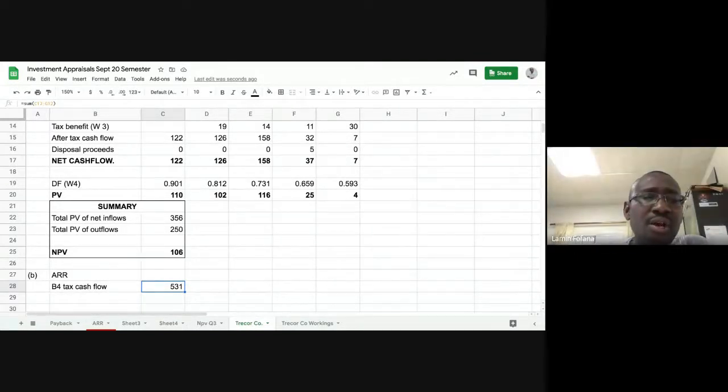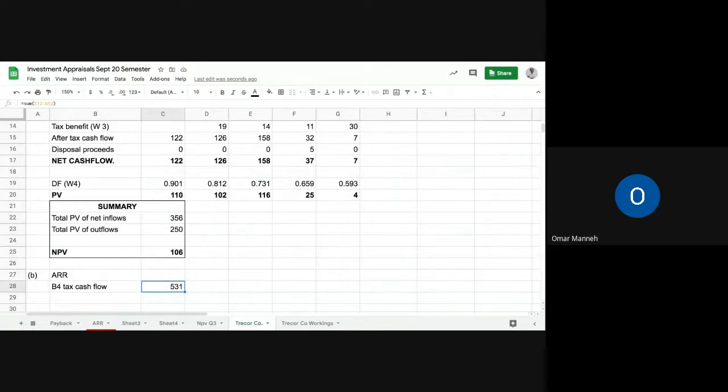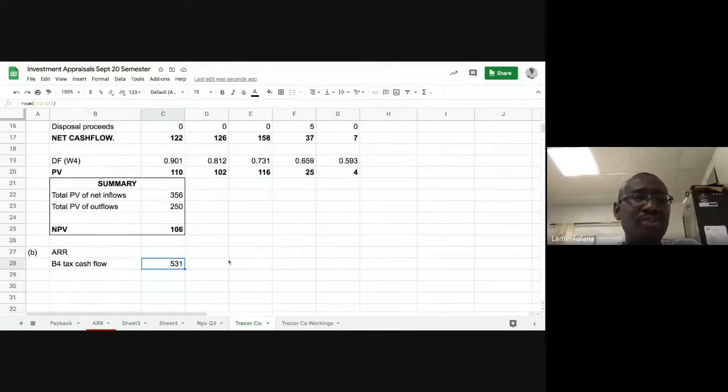Now, we have to calculate accounting rate of return. So this 531,000, is it profit or cash flow? It is cash flow. To calculate our accounting rate of return, do we use cash flow or accounting profit?